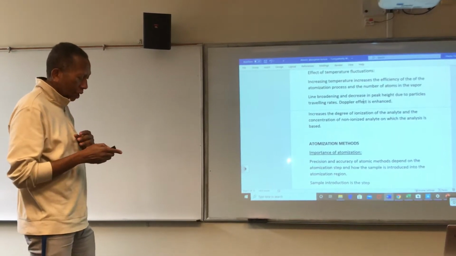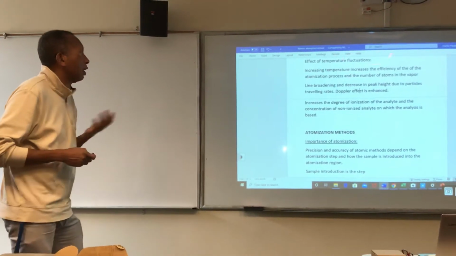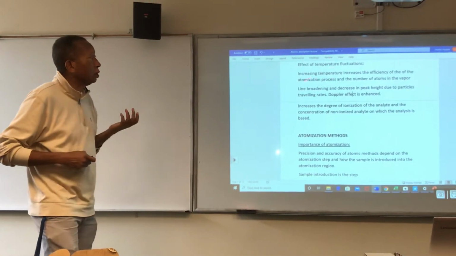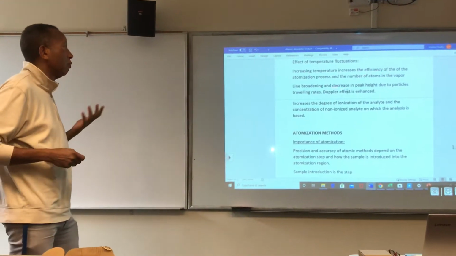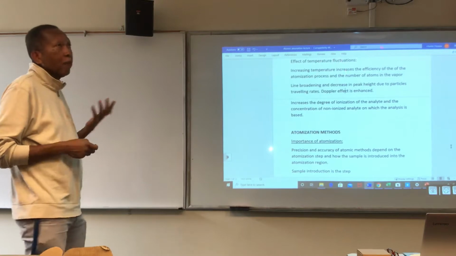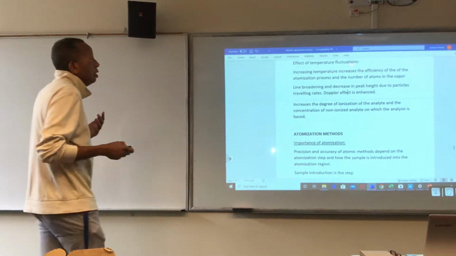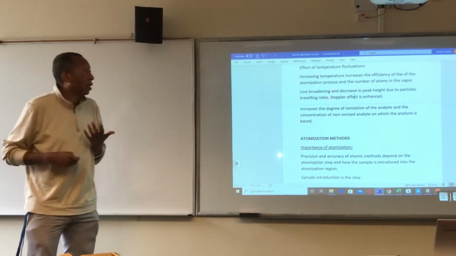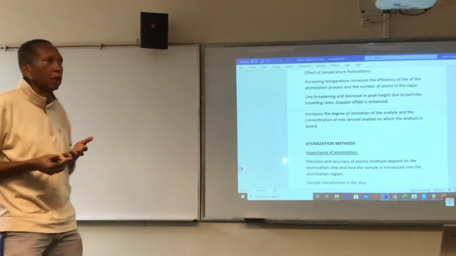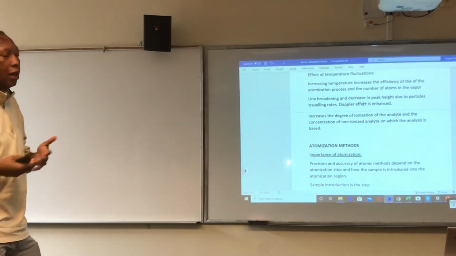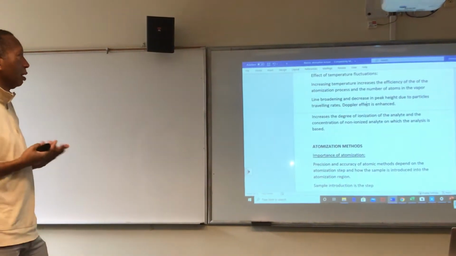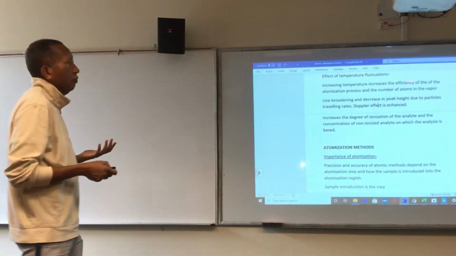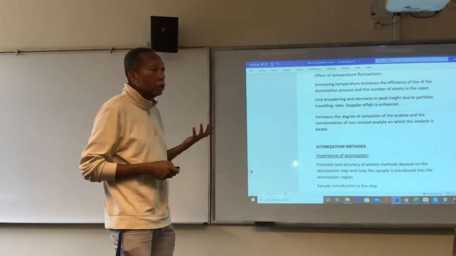So we want to talk about effects of temperature fluctuations, right? And as we saw before, once we increase temperature, we increase the efficiency of the atomization process, meaning as temperature goes up, more of the sample gets atomized, right? And therefore the number of atoms in the vapor changes.